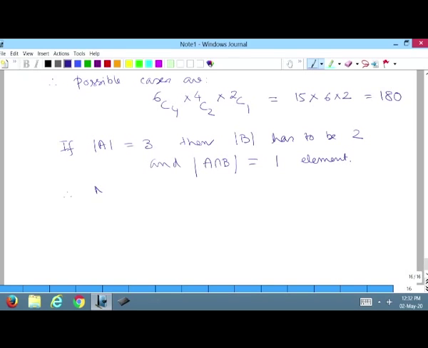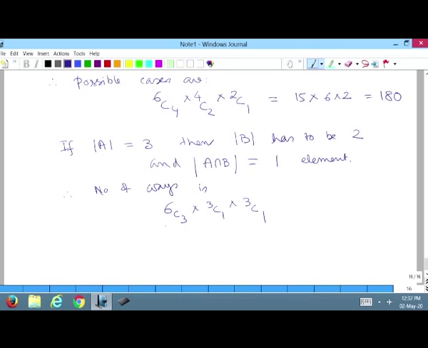Therefore, number of ways is 6C3 into 3C1 into 3C1.